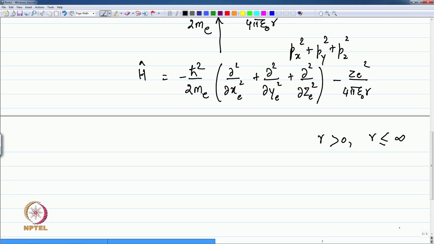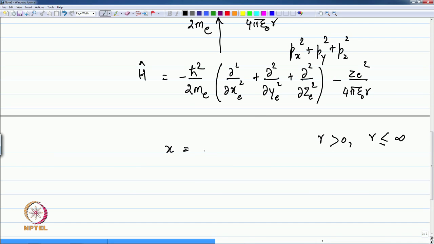At infinity, of course, the Coulombic interaction is 0. Therefore, here the boundary includes the entire three-dimensional world, the whole universe. So the boundaries are explicitly x from minus infinity to plus infinity, y from minus infinity to plus infinity, and also z from minus infinity to plus infinity.